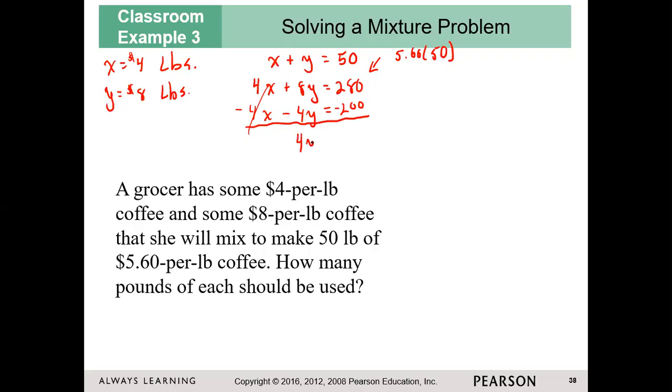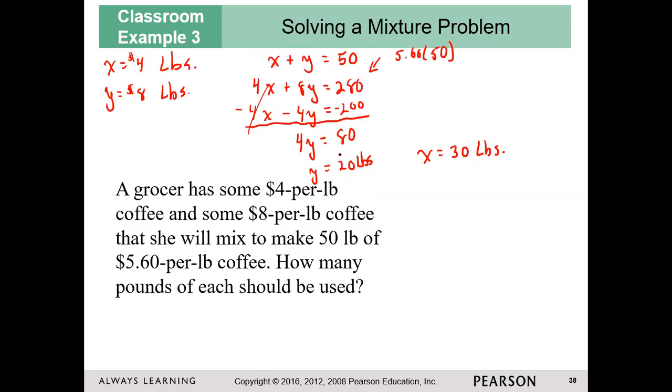We've got 4y is equal to 80, so y is equal to 20. So we have 20 pounds of the $8 per pound, which means we need 30 pounds of the $4 per pound, because again, we have 50 total pounds. So if 20 is the $8 per pound, 30 is going to be the $4 per pound.